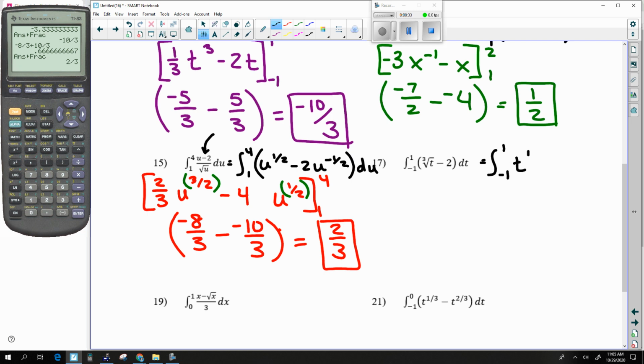So this is t to the 1/3. So this is going to be t to the 4/3, 3/4, minus 2t, from -1 to 1.